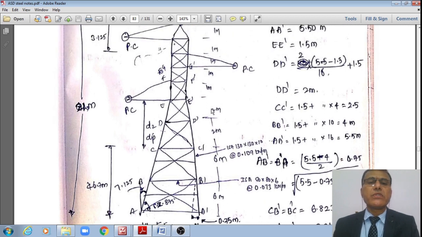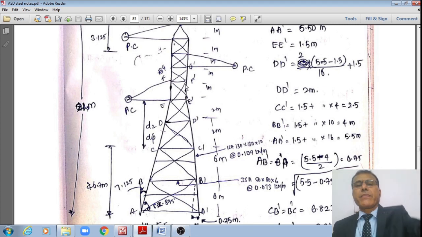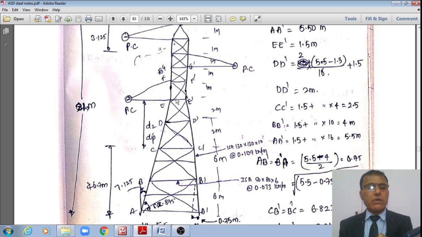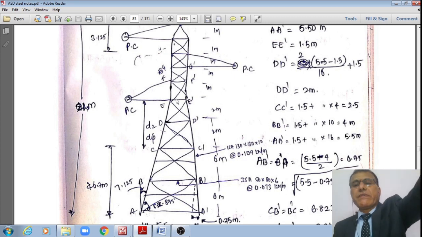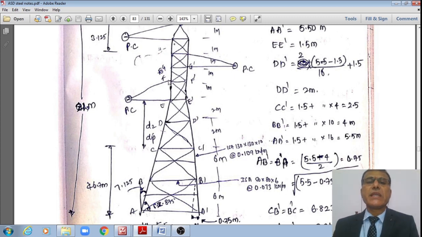Once you get this, I think even now you can get the length of these diagonals also, because this is now the square root of 1.5 whole square plus 1 square, and that now works out to say 1.8027 is the length of these diagonals.